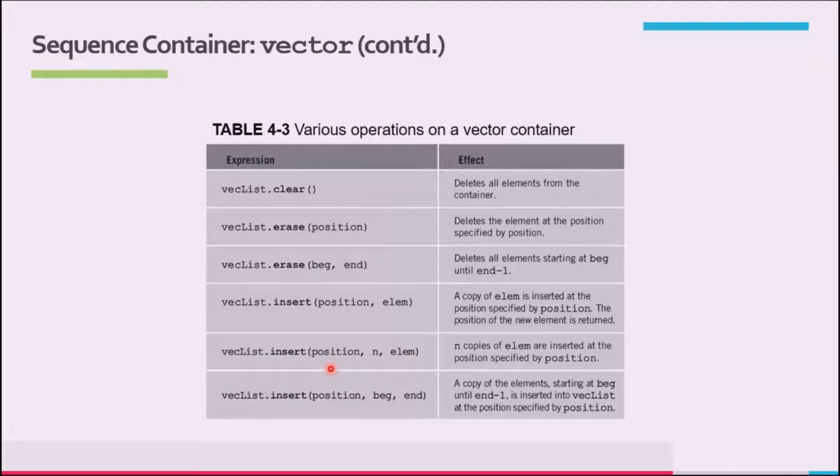And the last one, vecList.insert(position, begin, end): a copy of the elements starting at begin until end - 1 is inserted into vecList at the position specified. Now, in the next section, we describe how to declare an iterator in a vector container and how to manipulate the data stored in a container. Because iterators are an integral part of the STL, they are discussed in detail in the section Iterators.